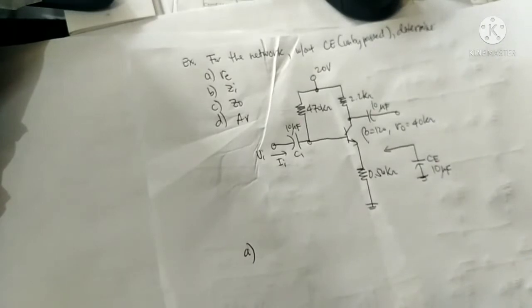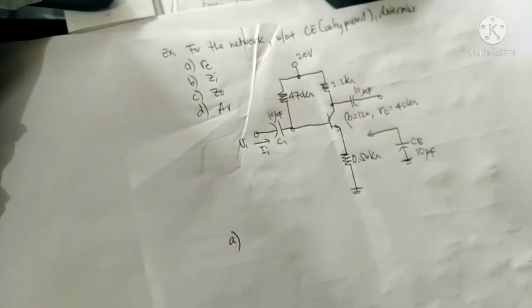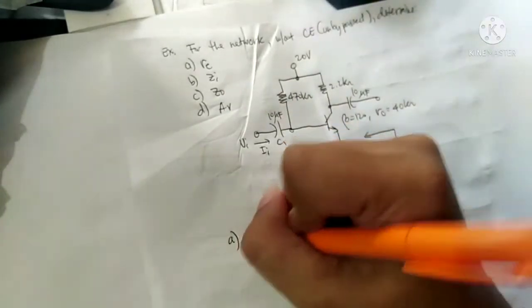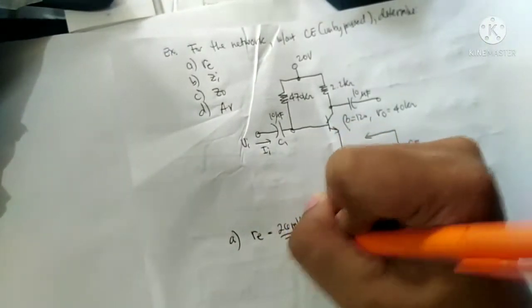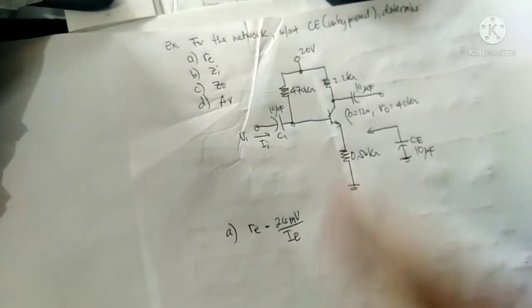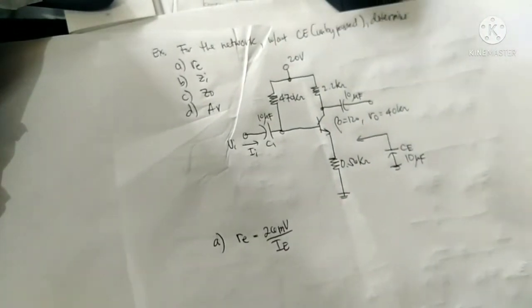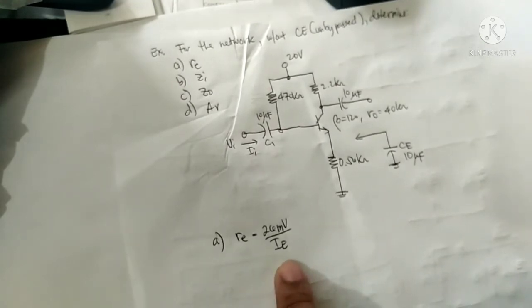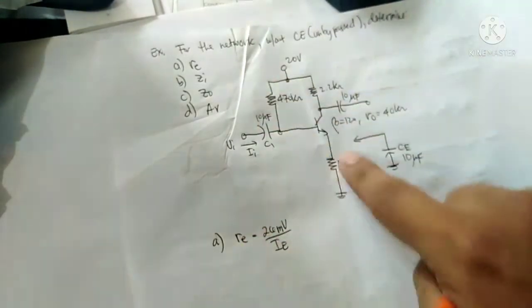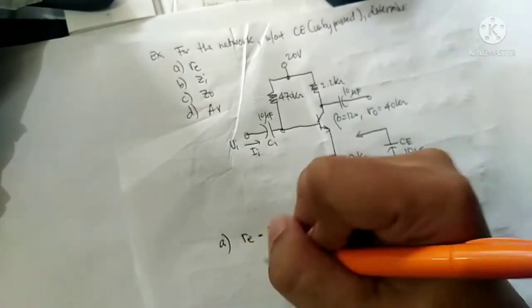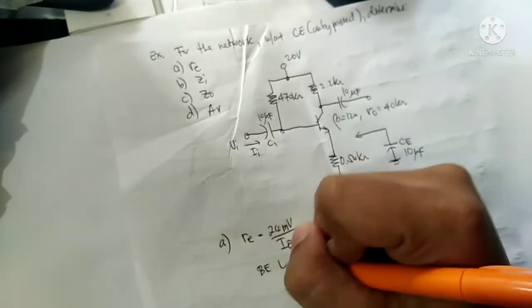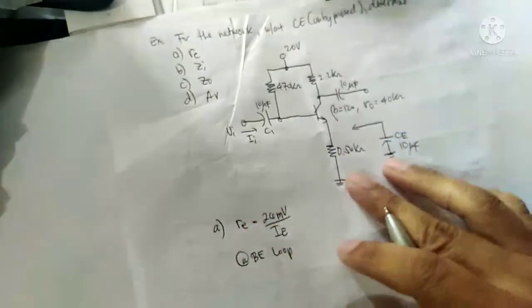So solve. The formula for re is 26 millivolts divided by capital I sub E, meaning the DC equivalent of the emitter current. In order to calculate I sub E, we solve for Ib by the base-emitter loop.